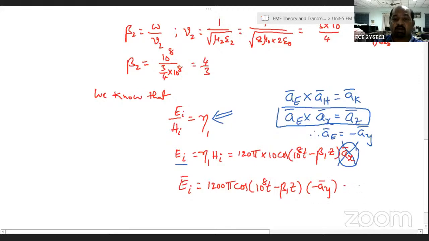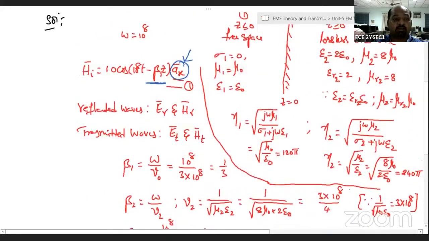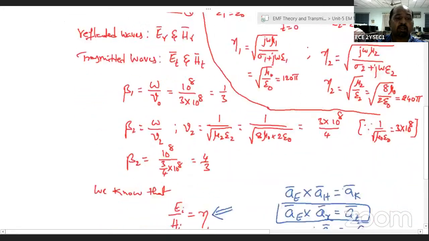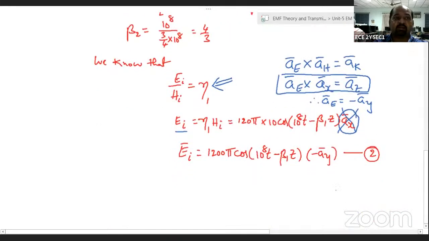Minus aY bar. Let us say this is equation 2. So if we know Hi, we can determine Ei like this.